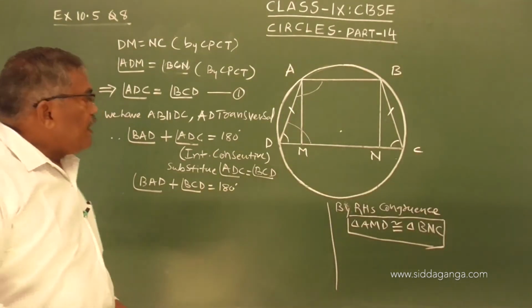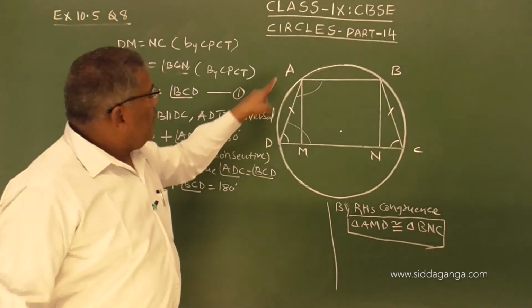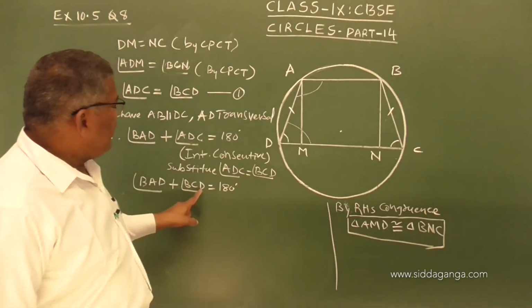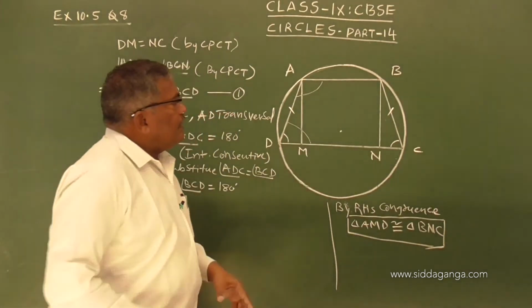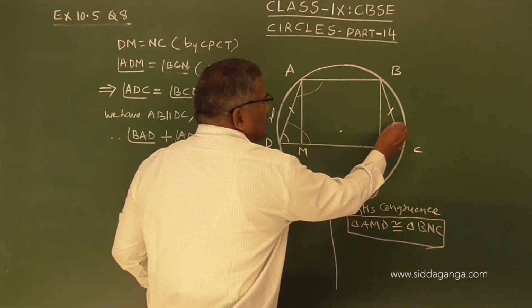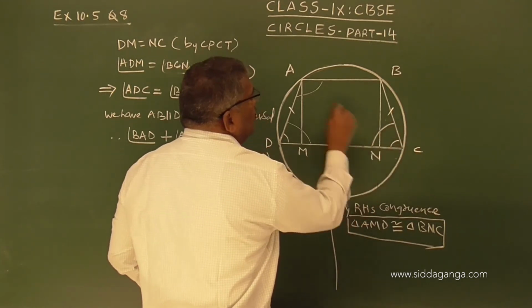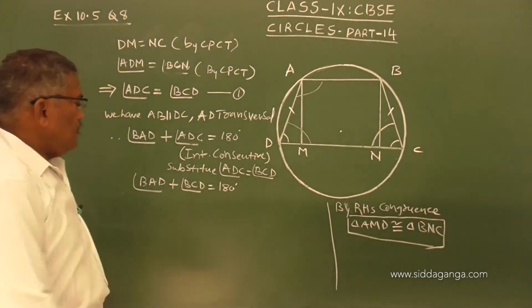Now observe these two angles. BAD is this angle, and BCD is this angle. That means we have proved that the sum of the opposite angles is 180 degrees.